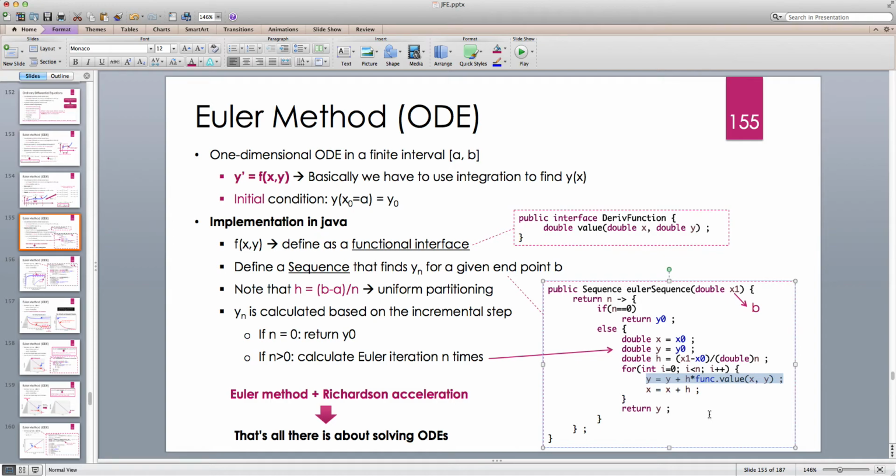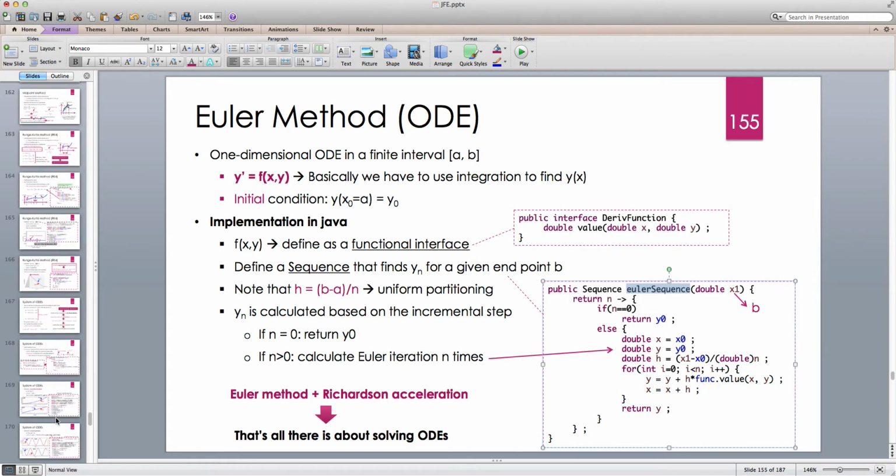And it's actually a general case here, because even if we move forward to the other methods, we only need to update this one line to implement that particular method, because this one line defines the iterations, how we generate this sequence that converges to the solution.